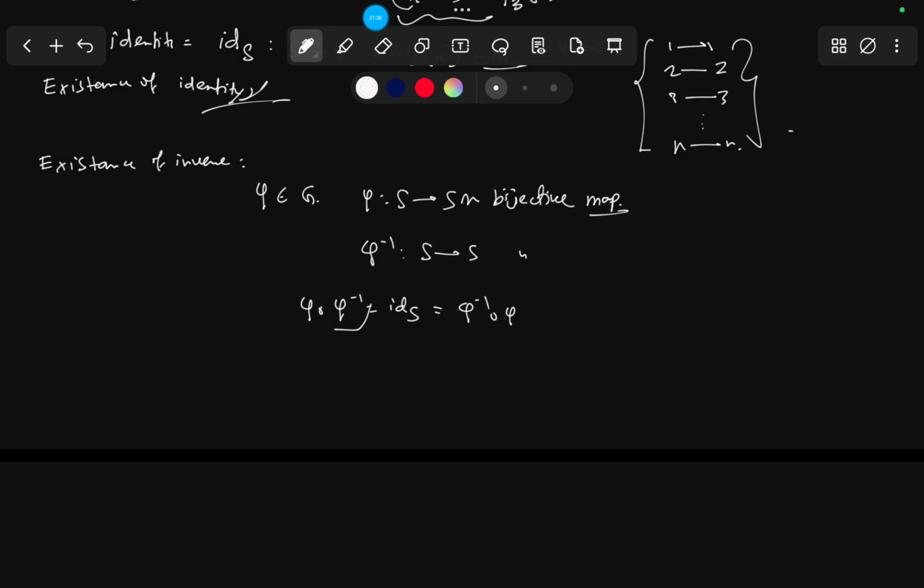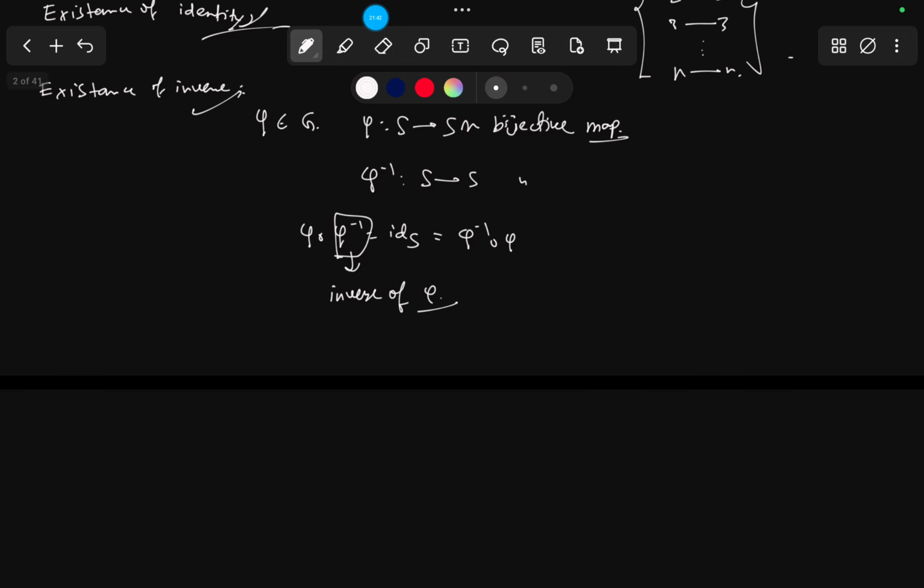So this phi inverse is the inverse of phi, and since the inverse of a bijective function is unique, uniqueness is of course there. So that means existence of inverse is there. So G is a group with respect to composition, right? We basically call this the symmetric group of n elements, Sym n. Okay.